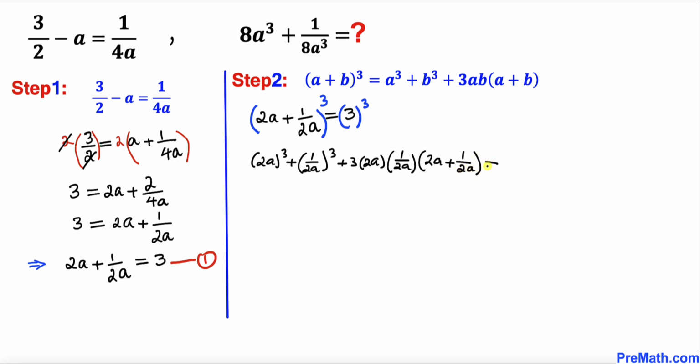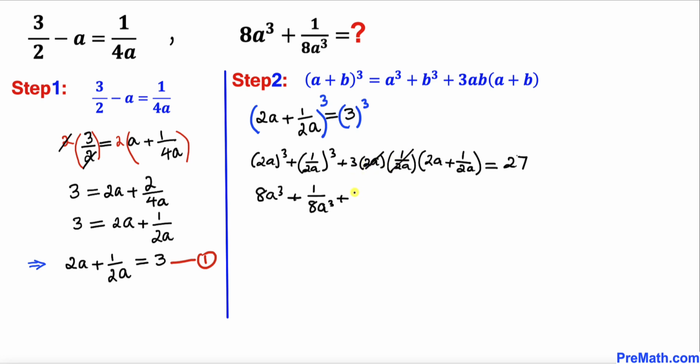And on the right hand side, this 3 power 3 is the same as 27. And now we can see (2a) whole power 3 is the same as 8a^3, plus (1 divided by 2a) power 3 is the same as 1 divided by 8a^3, plus this 2a and 1 divided by 2a, they cross each other out.